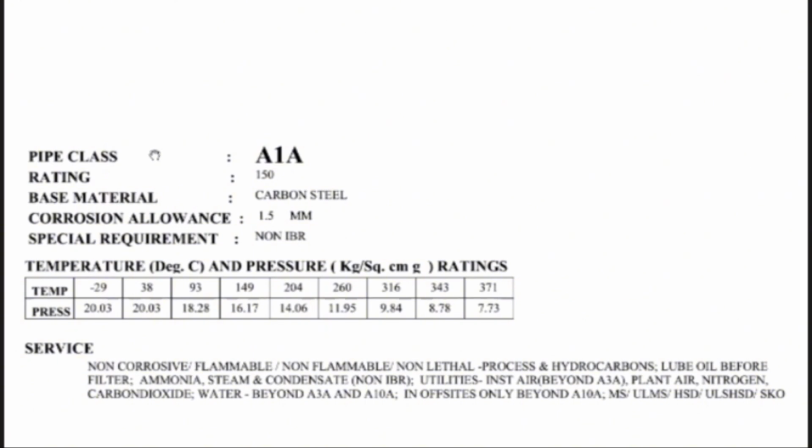Then what is its rating? It is class 150. We have different classes like class 150, class 300, class 600. What does a rating define? Anybody can tell me what is a rating? The rating is 150. What does it signify?